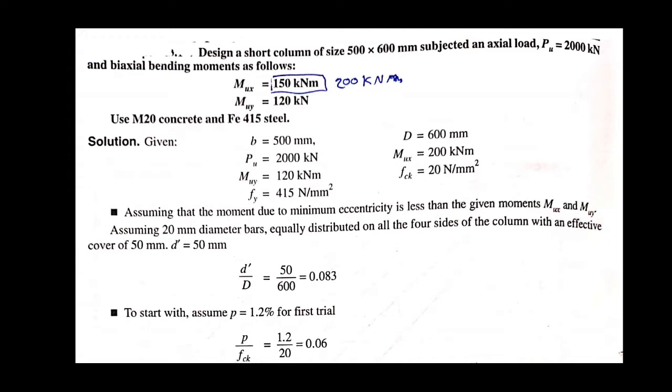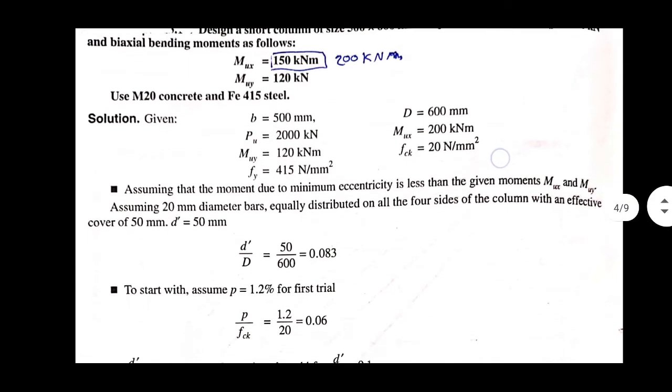Now, assuming that the moment due to minimum eccentricity is less than the given moments Mux and Muy, assuming 20 mm bars equally distributed on all the four sides of the column with an effective cover of 50 mm. That means d dash is equal to 50 mm.